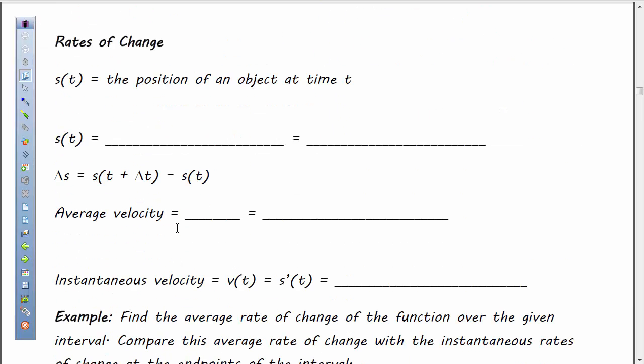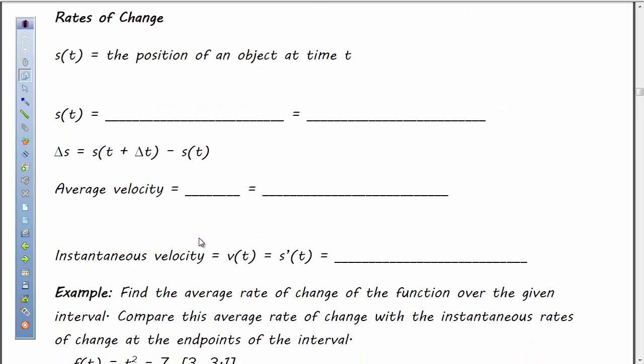All right, rates of change. Okay. So we'll often talk about S of t, and S of t equals the position of an object at time t.